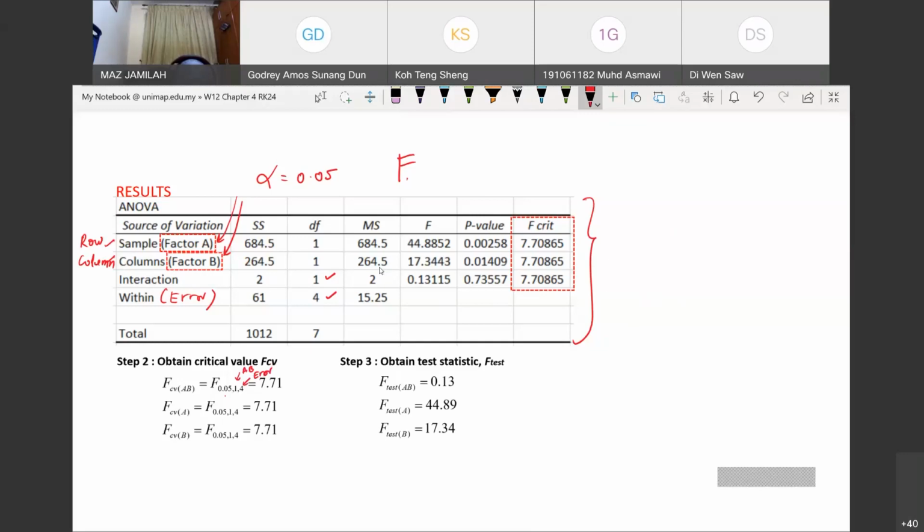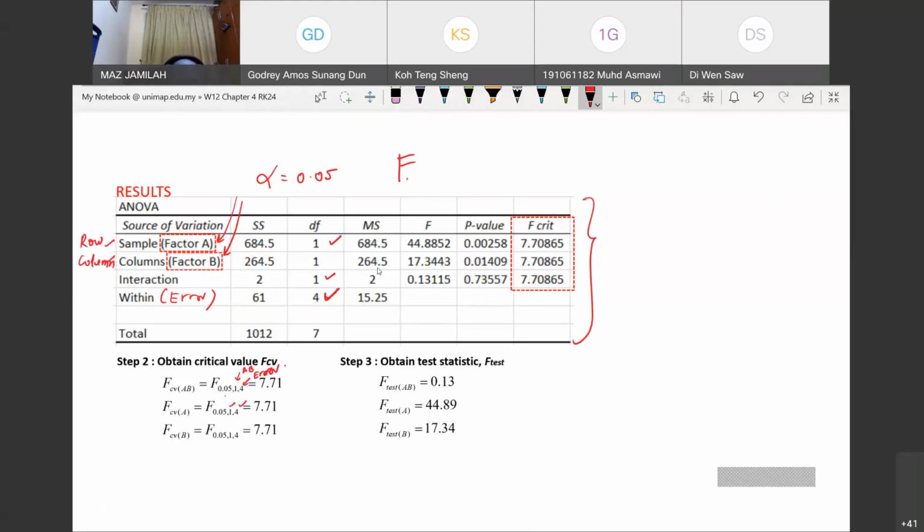For factor A, we take the degree of freedom of factor A and the degree of freedom of error, so we have 1 and 4. Coincidentally, you have similar values for A, B, and the interaction.